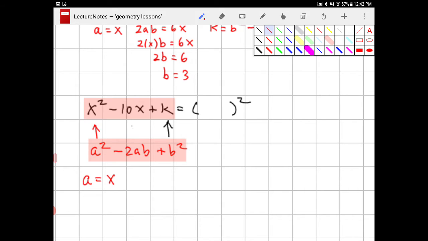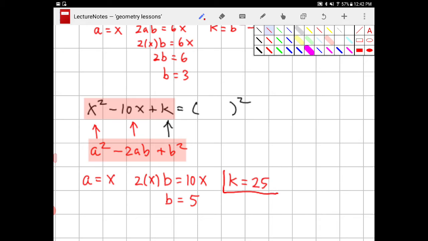And I know that 2ab corresponds with 10x, so therefore 2a, which is x, times b, I don't know what b is, equals 10x. So recognizing that this statement has to be true, b therefore must equal 5. And therefore k must equal b squared, right? So that k must equal 25.